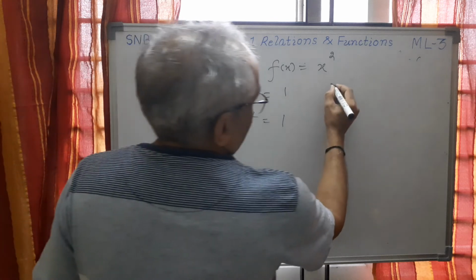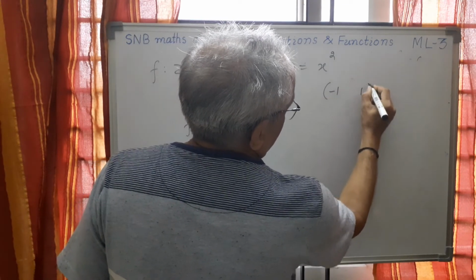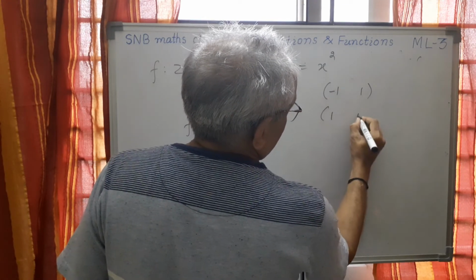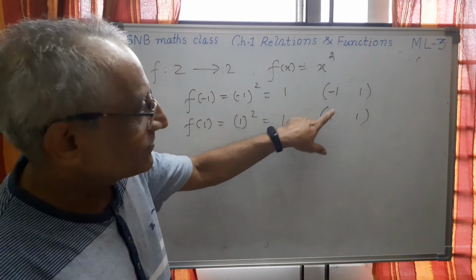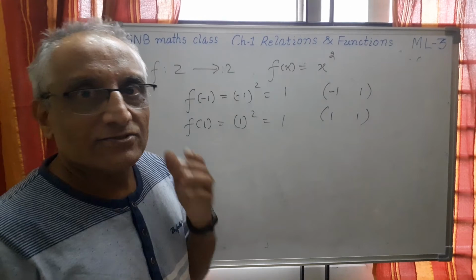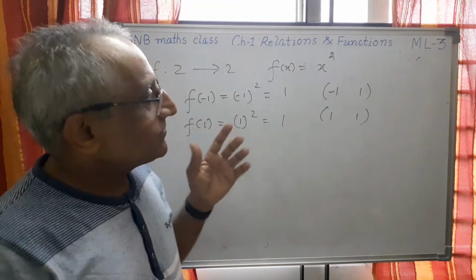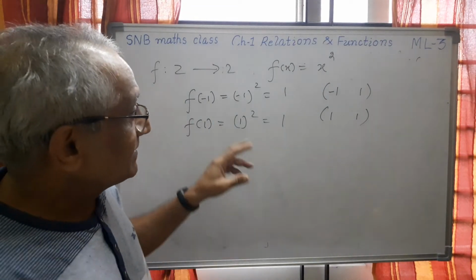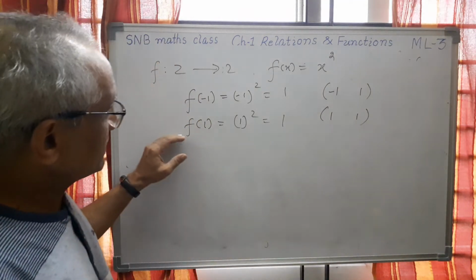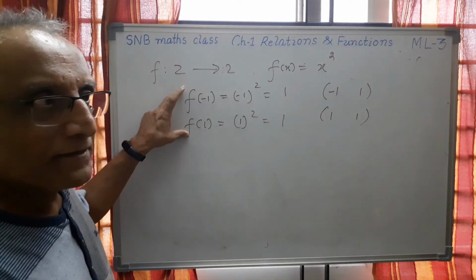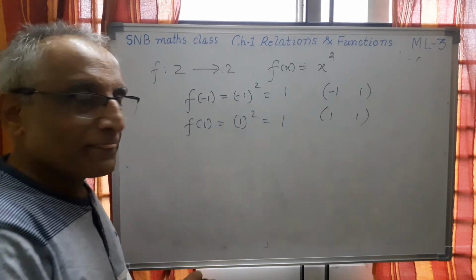That means minus 1 is going to 1 and 1 also going to 1. So different elements here are going to the same image, so not one-one. So in case of an infinite set, whenever you want to show that it is not one-one, it is sufficient if you take two examples. You need not multiply it.